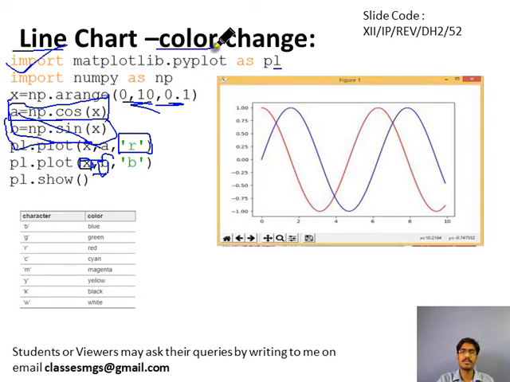We are trying to set the color of the lines we are drawing. By default the line will be red, and if we do not specify any color, then both the lines will be red, and it will be very difficult to distinguish which line is for sin x and which line is for cos x. If you know the graphs of sin x and cos x, you can predict it.